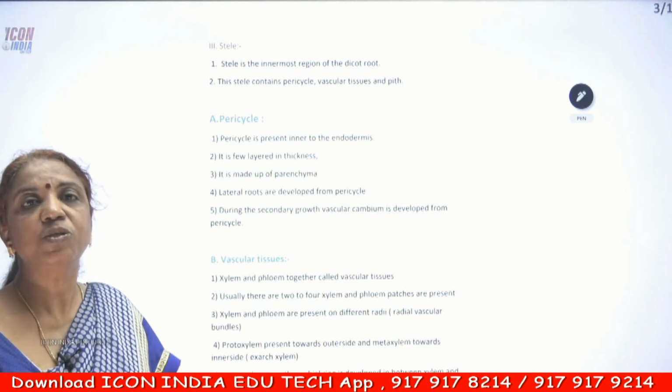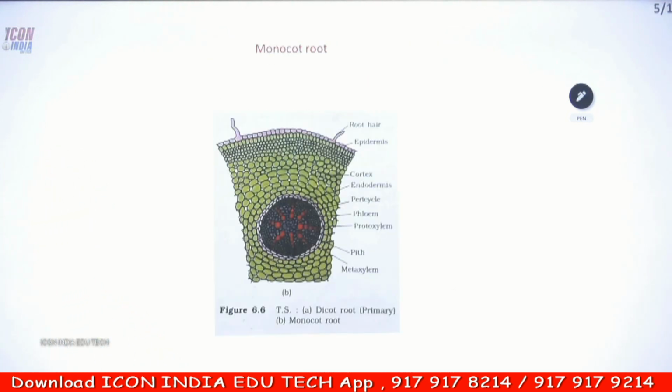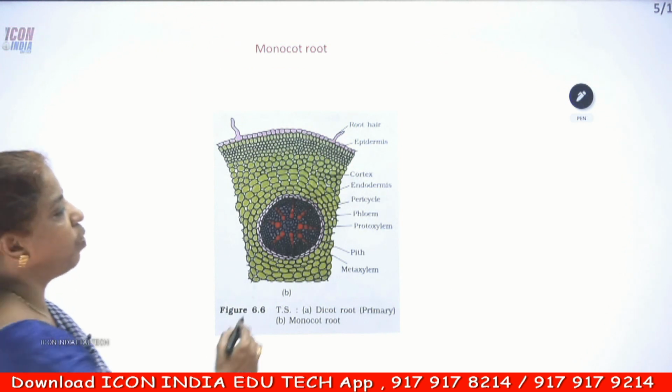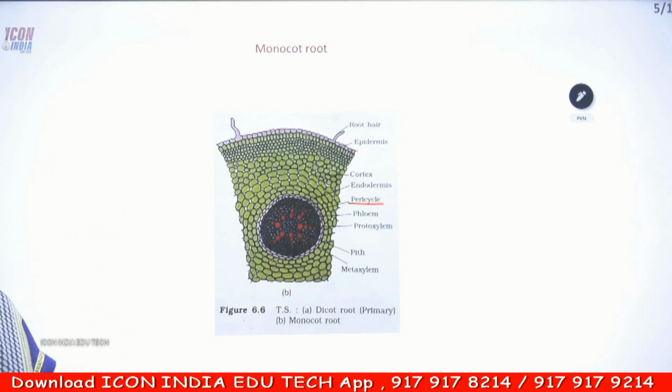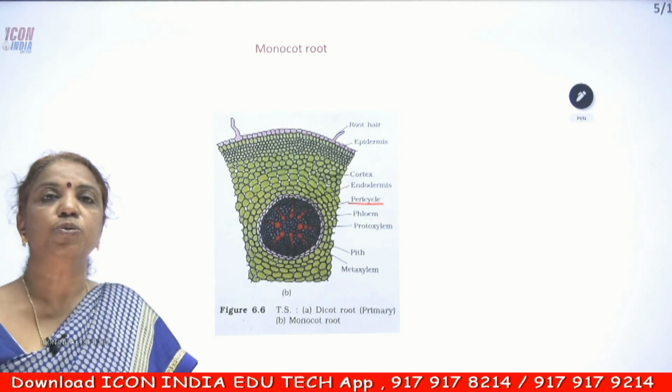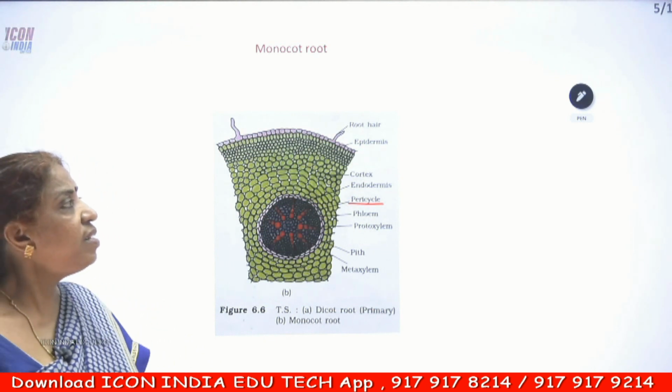The stele consists of 4 parts. Look there, in the diagram looking here. The first one is called the pericycle. The next one is vascular bundles. The next one is called conjunctive tissue and the pith. So look there. Here, the pericycle.